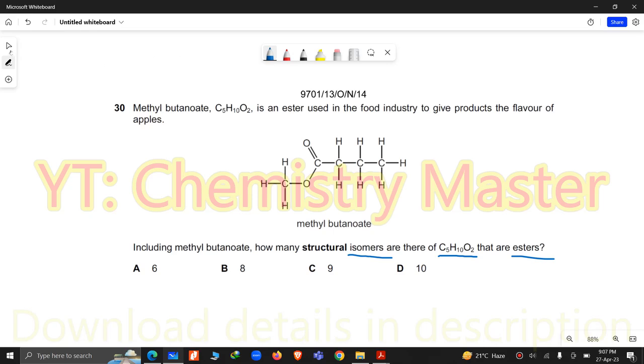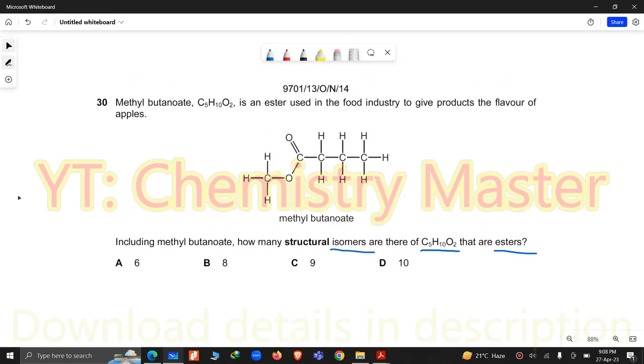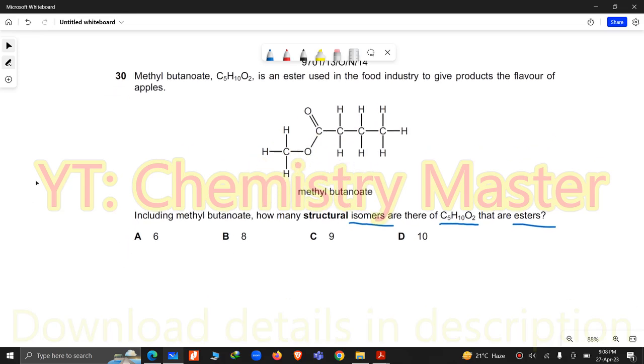We have multiple structures which we can get from this molecular formula. One of those isomers is already drawn here, but now we have to make our own isomers out of it. So let's start here.